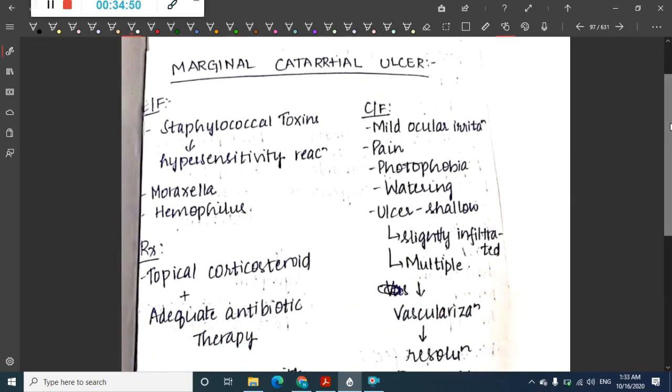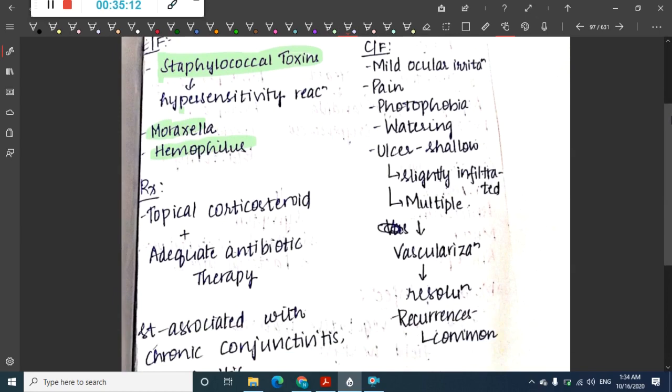Then we have the next type of ulcer, called marginal catarrhal ulcer. It mainly occurs due to hypersensitivity reaction to staphylococcal toxins, and Moraxella or Haemophilus can also cause it. Like any other corneal ulcer, there will be ocular irritation, pain, watering, and photophobia. The ulcer is shallow and infiltrated.